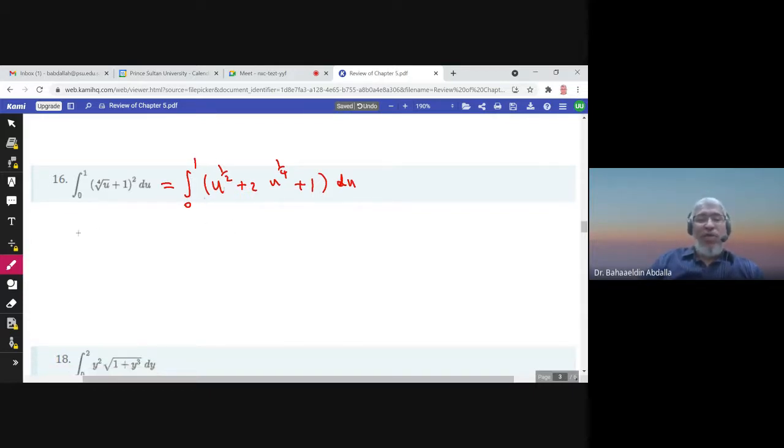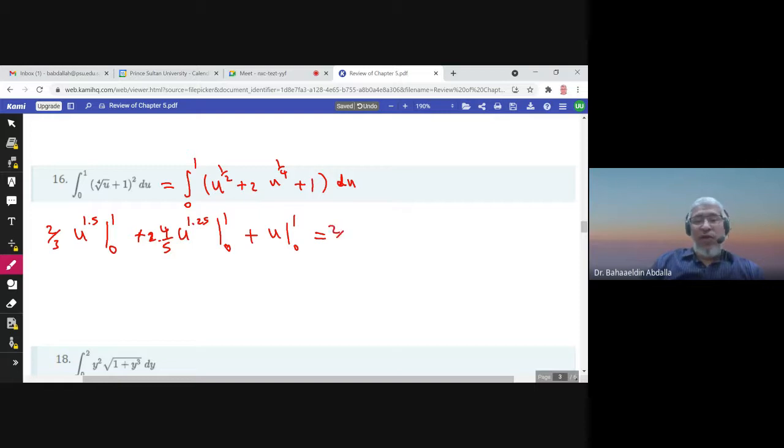So this would be u to the power half plus 1, which is 1.5, over 3 over 2, or multiplied by 2 over 3, from 0 to 1, plus 2 times u to the power 1 over 4 plus 1. So that's 5 over 4, or 1.25, over 5 over 4, or multiplied by 4 over 5, taken from 0 to 1. The integral of 1 is u from 0 to 1.